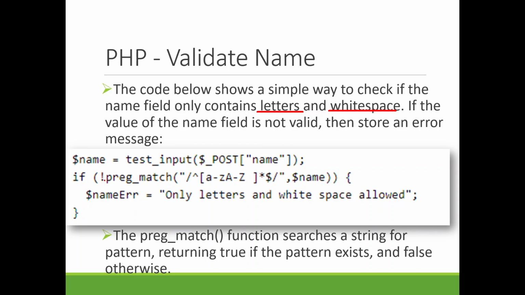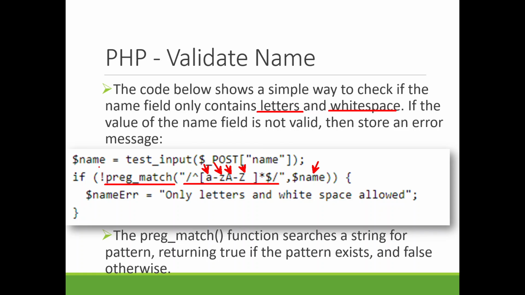To do that, we already met the preg match PHP function. The preg match function takes in two parameters: the characters that you allow, and the variable itself. So the name should only contain letters A to Z or capital A to Z. Just that.